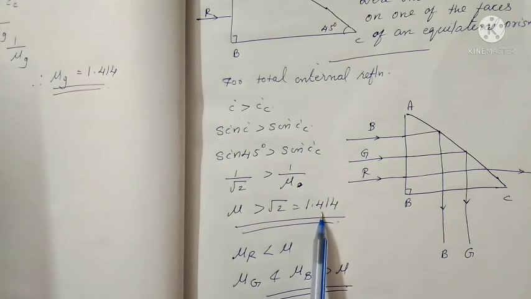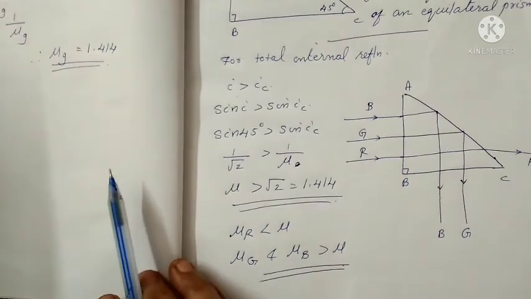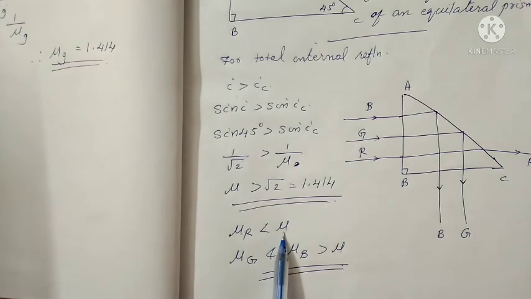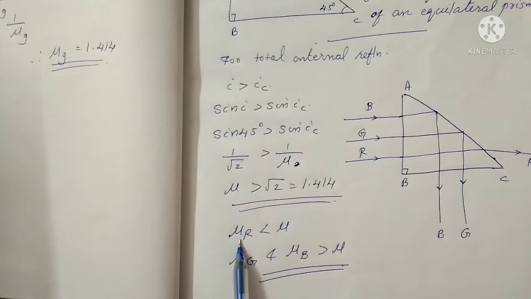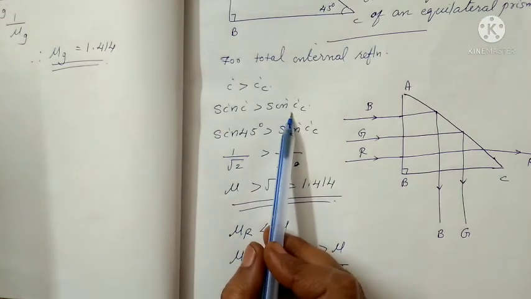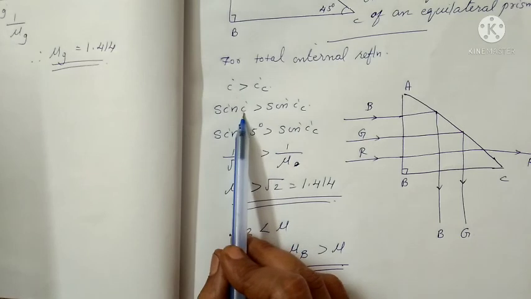Now we can compare this with the refractive indices of the red, green and blue light. When you take the red light, its refractive index is 1.39, which is less than the refractive index of the glass. If the refractive index is less, then the critical angle is greater, so it must be greater than the angle of incidence.